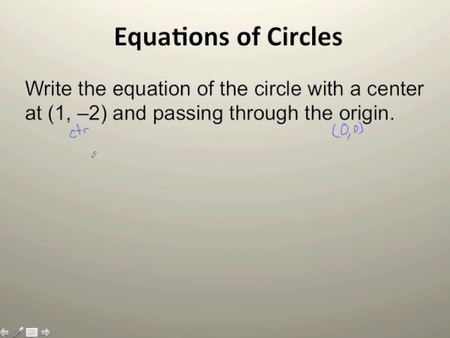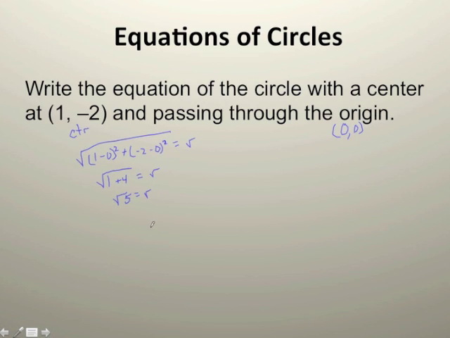The radius will be the square root of 1 minus 0, squared, plus negative 2 minus 0, squared, which is the square root of 1 plus 4, or the square root of 5.